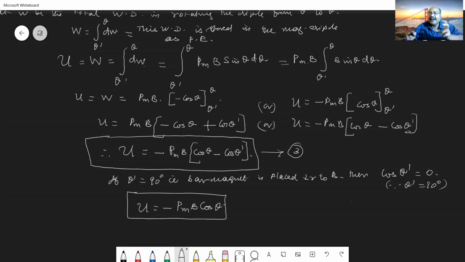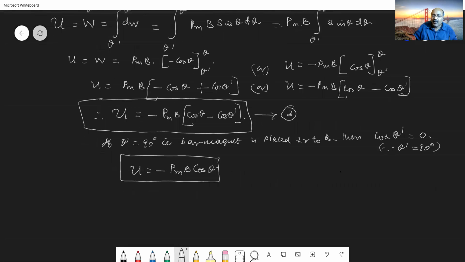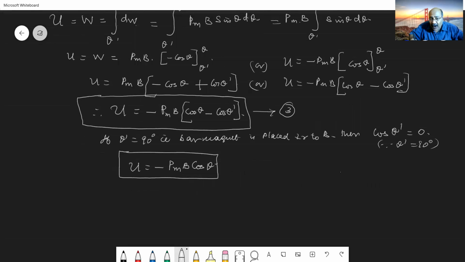Here we are having two conditions. What are the two conditions? This can also be written as a dot product of two vectors. Epsilon is equal to minus Pm vector dot B vector. As you know, A vector dot B vector is AB cos theta.